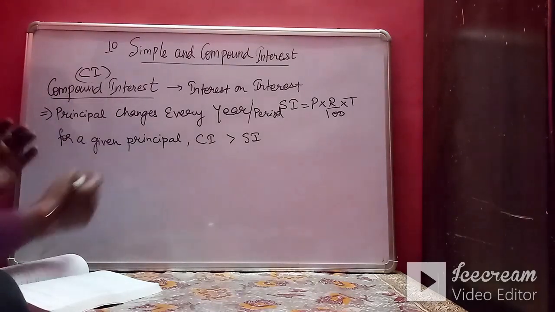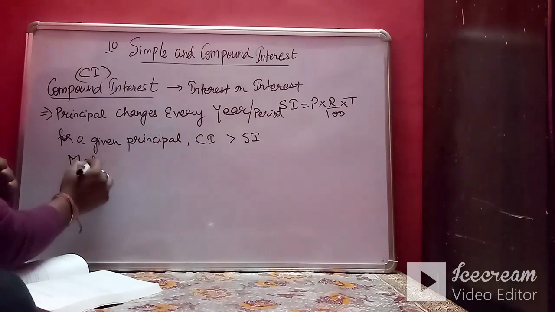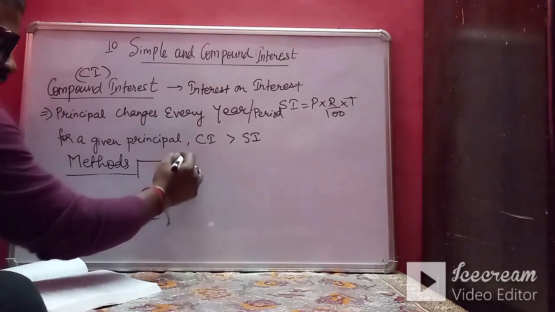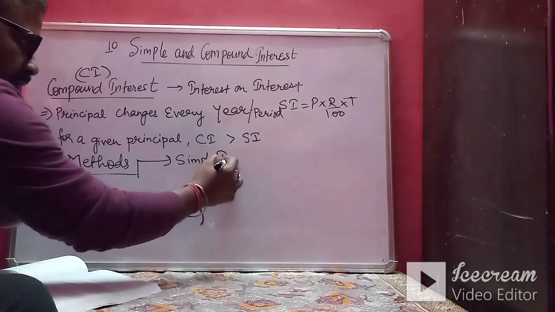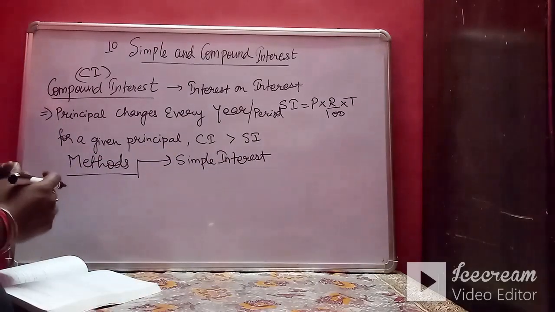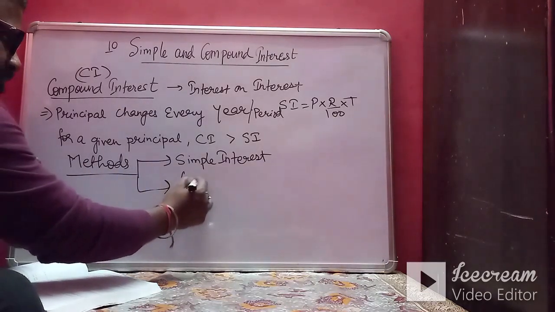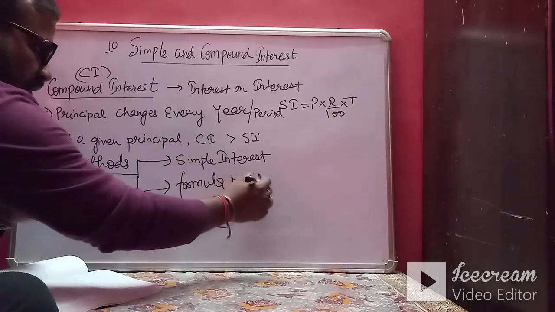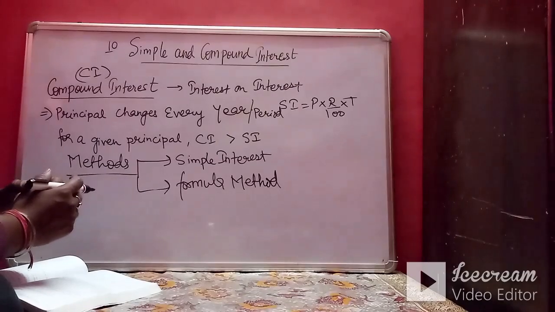To find the compound interest, we generally use two methods. The first is the simple interest method, since we have studied simple interest, and the second method is the formula method. These are the two methods to find the compound interest.